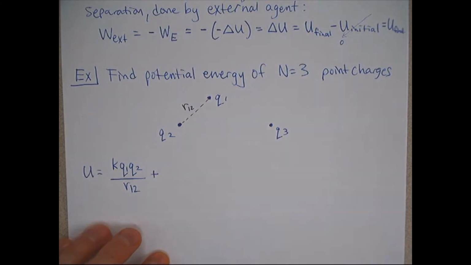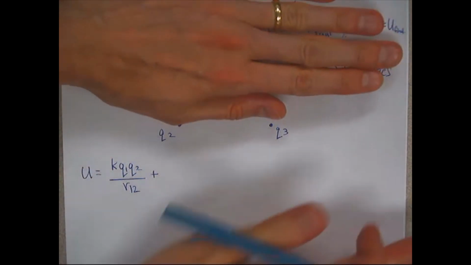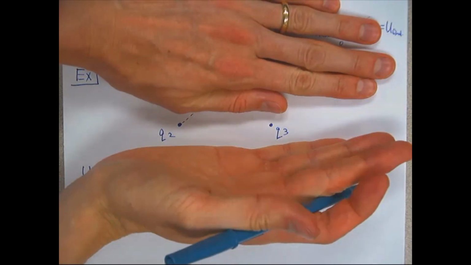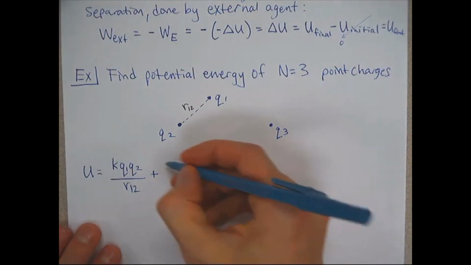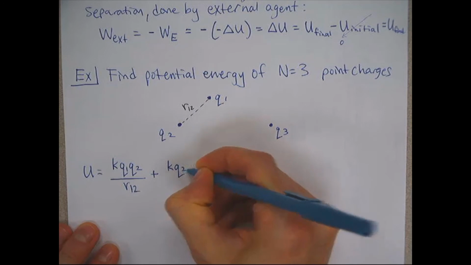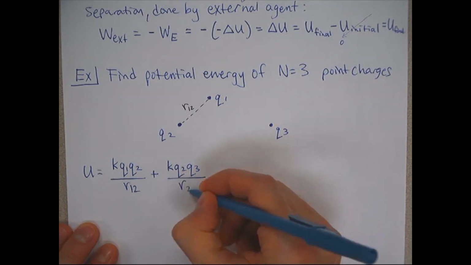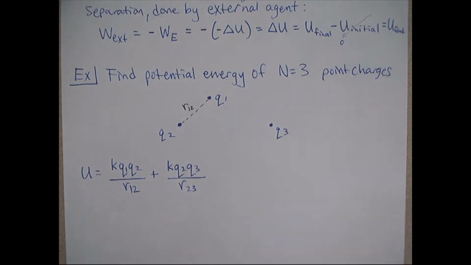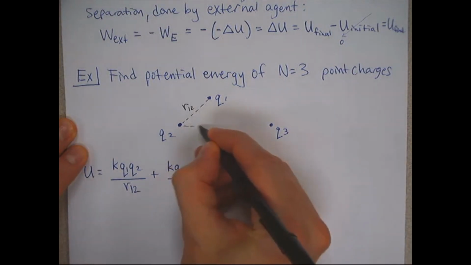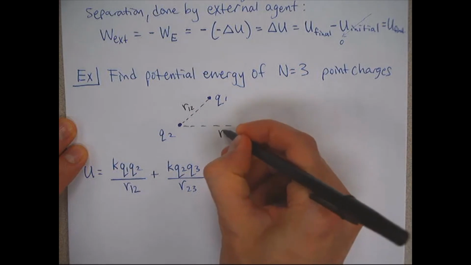Then I add the potential energy of this pair, kQ2Q3 over r23. That's the distance separating those two charges.